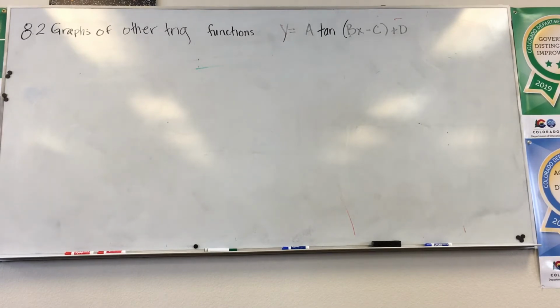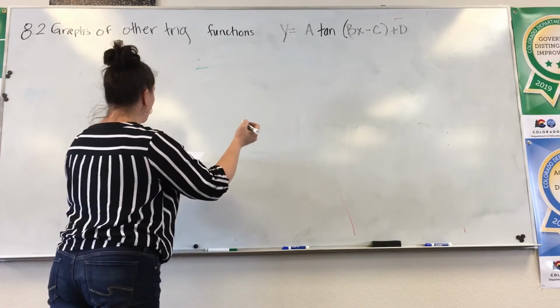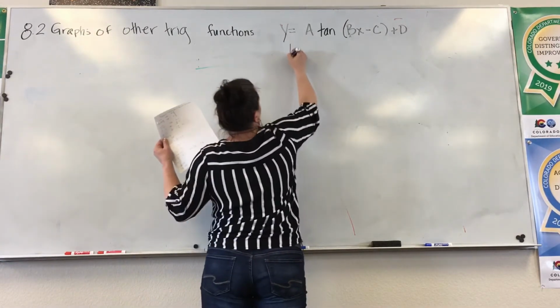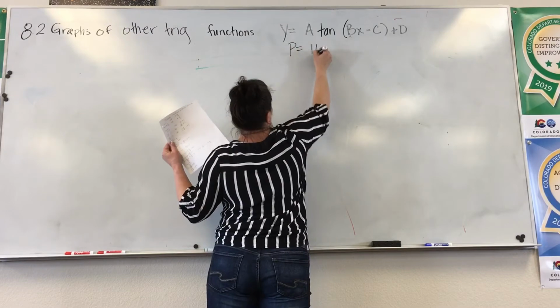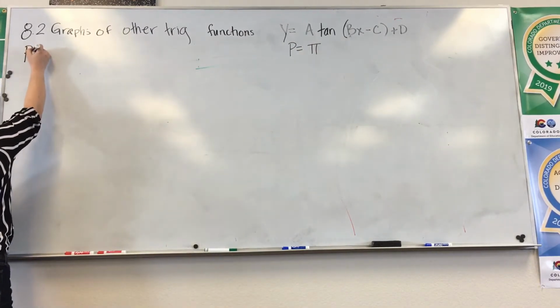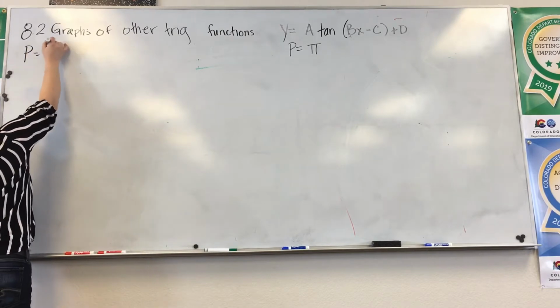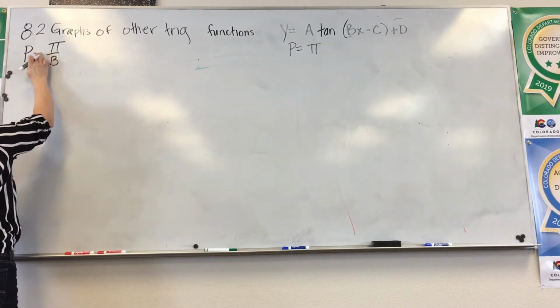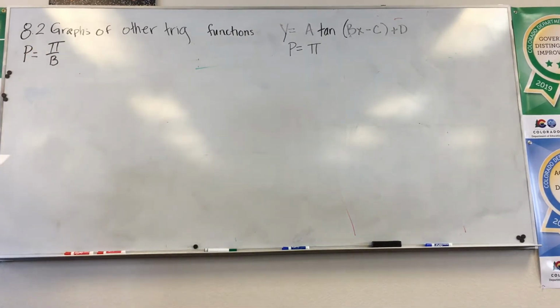You can see that from the graph up there. So for the tangent, the regular period is pi, which makes our period for any tangent graph pi over b.